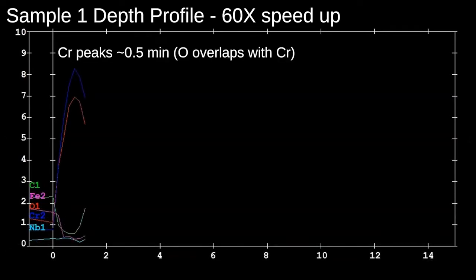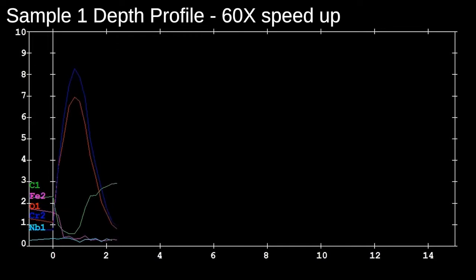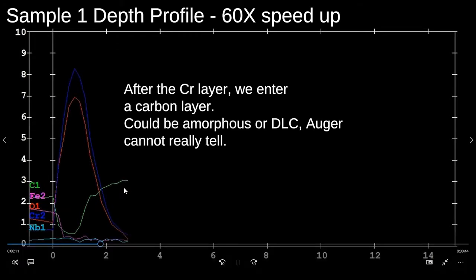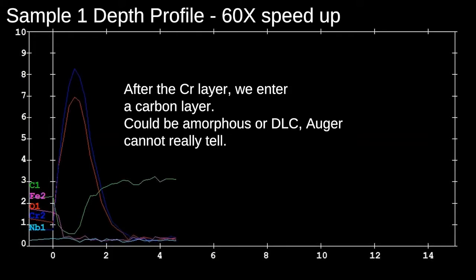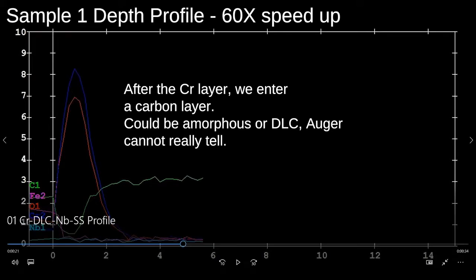So then we continue, and we see a peak in that chromium layer at about half a minute. And then after about 2 minutes of sputtering, we're into a carbonaceous layer. And this carbon layer could be amorphous carbon or it could be diamond-like carbon. Auger can't really tell the difference.